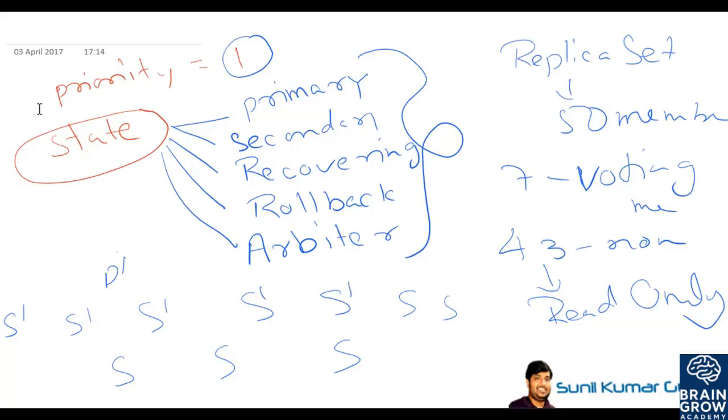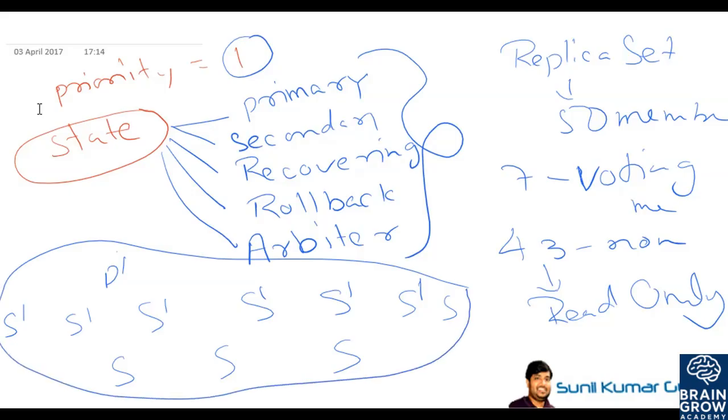So 3, 4, 5, 6, 7. Now the rest of these members will be non-voting members, and all this together will form a replica set. So it will have the primary and 6 other voting members, and it can have 4 non-voting members. So this is an important thing.